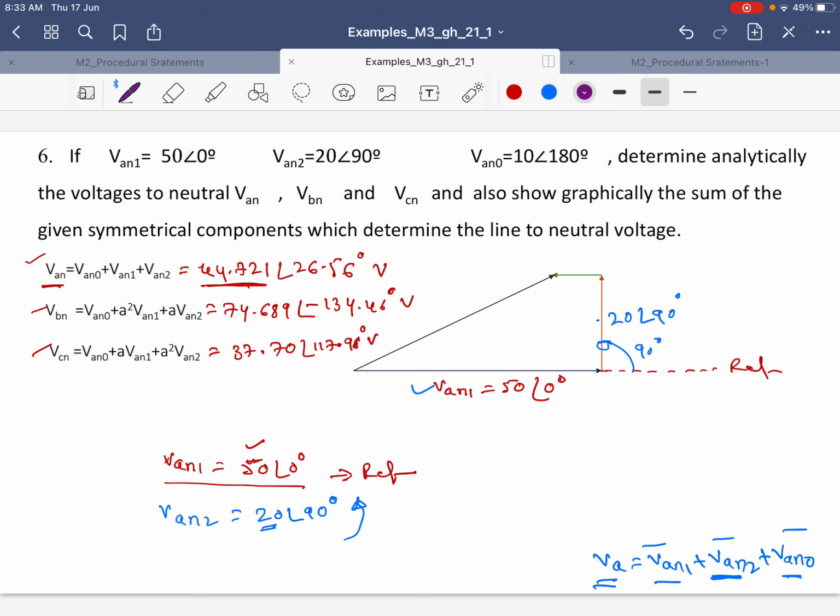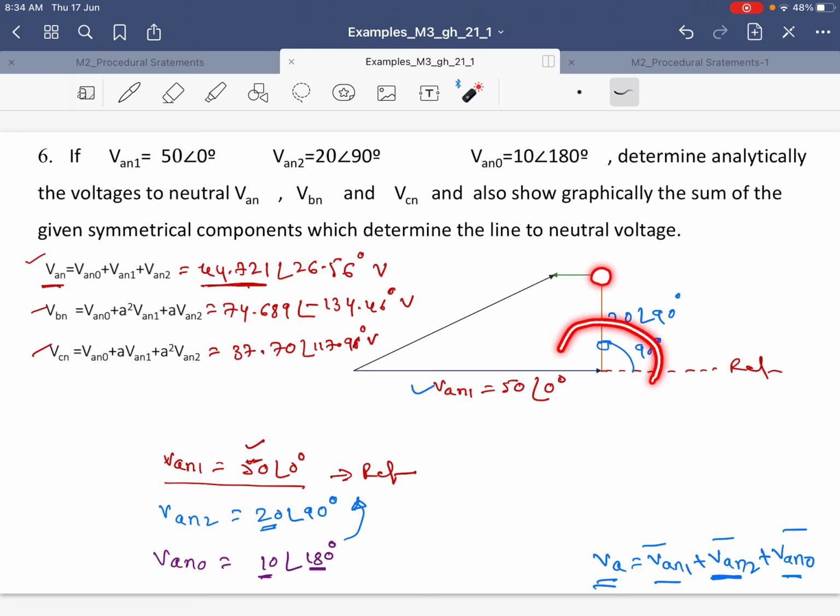What is the value of VAN0? The VAN0 value is 10 an angle of 180 degree. That is, the magnitude of VAN0 is 10. Converted to the appropriate scale, we are getting 1 centimeter, and it is making 180 degree with respect to reference. You have to add VAN0 to the tip of VAN2.